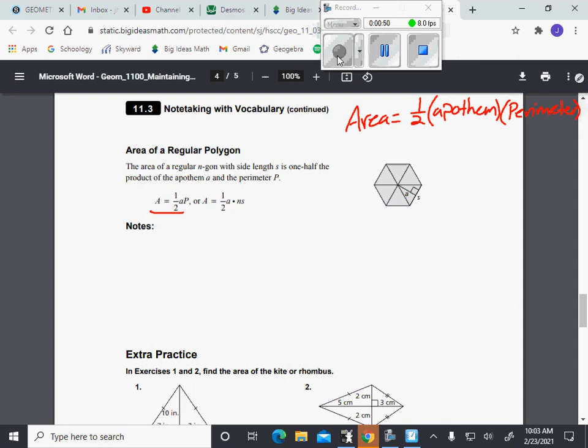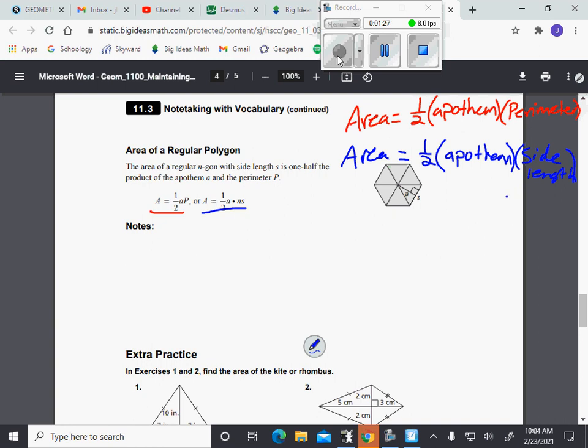Or this one: area equals 1/2 times the apothem times n, which is the number of sides, times the side length.